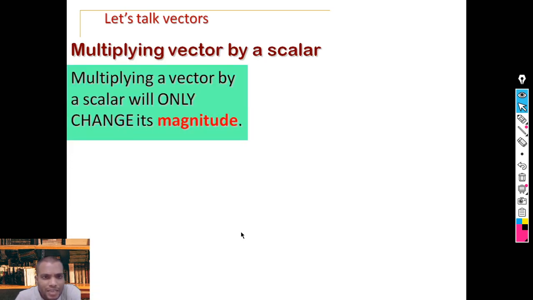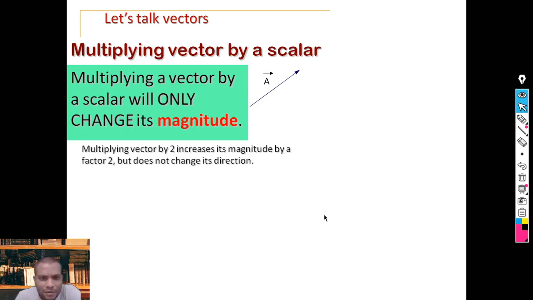Now what happens if you take a vector and multiply it with a scalar? Multiplying a vector by a scalar. Suppose I have a vector, let me take a vector: a bar is a vector. I am multiplying a bar with a number, let that number be 2. So 2 into a bar becomes 2a bar.